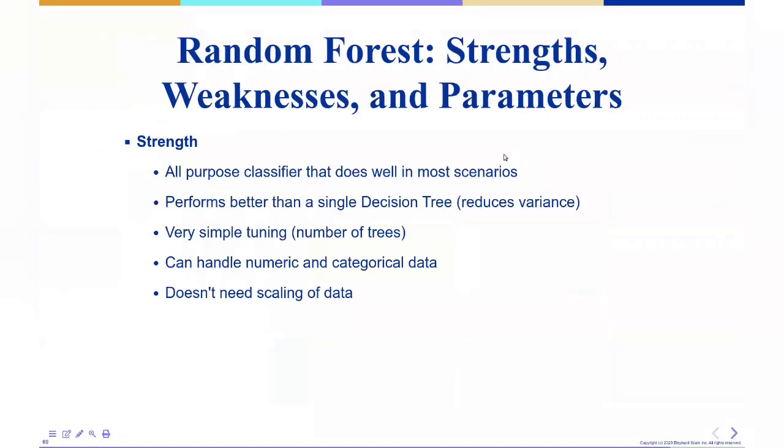Okay, so random forest is an all-purpose classifier that does pretty well in most scenarios. Now, if you look at any machine learning competitions, very rarely do we use plain decision trees. You will not find a lot of people using decision trees, because they don't give good results and they have high variance.